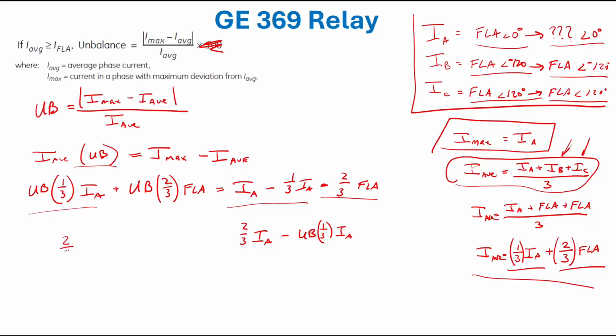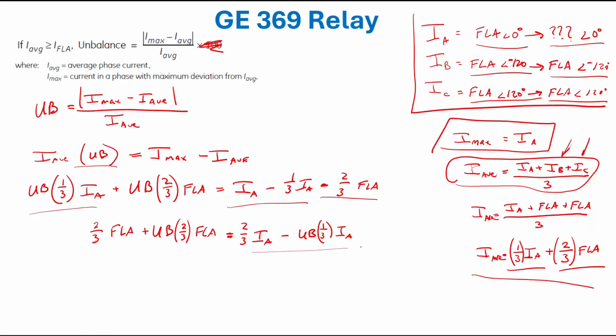So this will be 2/3 FLA plus UB, and this is equals, right? UB times 2/3 FLA. All right, I'm going to undistribute the 2/3 FLA from this, and then I'm going to take IA out of all of this.